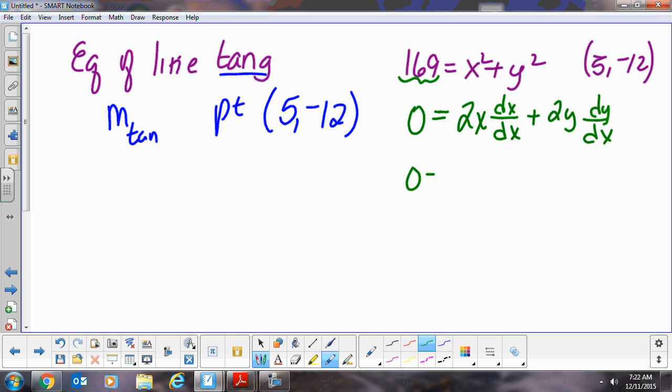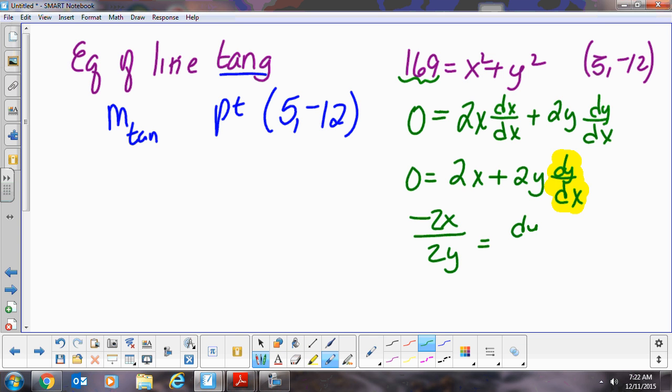So 0 is going to equal 2x plus 2y dy over dx. The derivative needs to be solved for. So we're going to subtract 2x and then do what? Divide by 2y. The 2s simplify. So you get negative x over y.